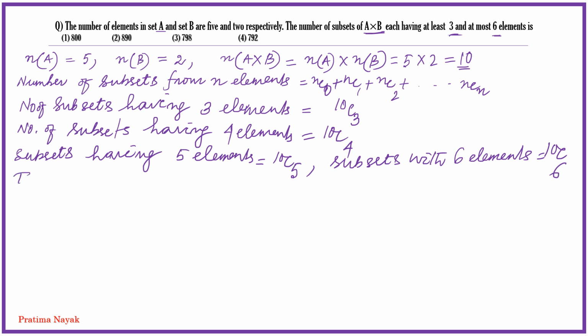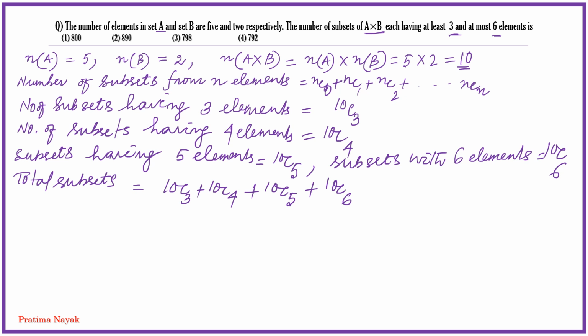So the total subsets, according to the question, equals 10C3 plus 10C4 plus 10C5 plus 10C6. 10C4 and 10C6 are equal, so we'll calculate once. Let's go one by one.